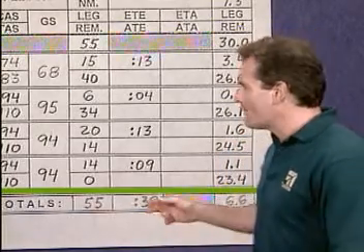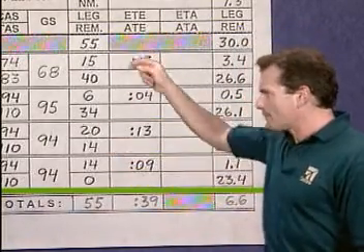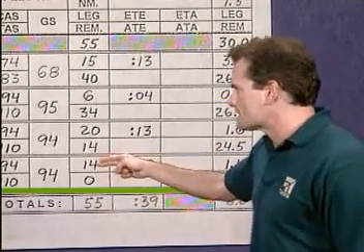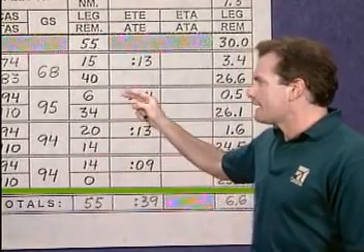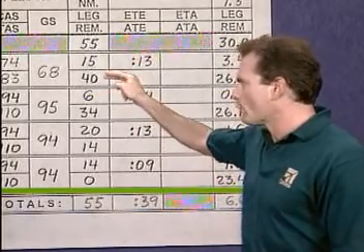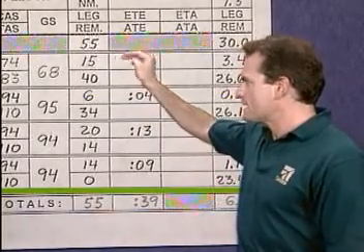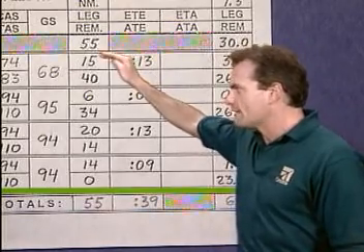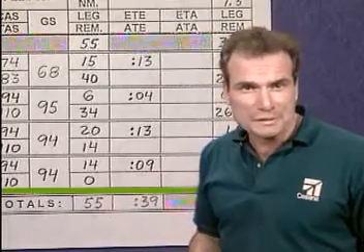So you enter a 0 here and start adding up in this direction. So if you have 14 plus 20, that equals 34, and 34 plus 6 gives you 40, and 40 plus 15 equals 55. So now we're sure that we've added correctly because our totals agree.